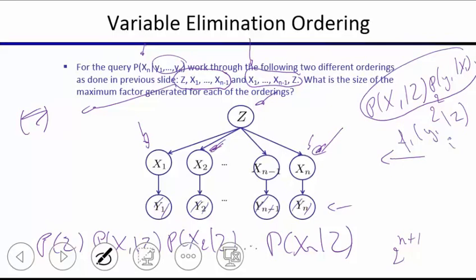So we'll generate the join, which will be a table of size 2 to the 2. We'll sum out over x2, which will result in a factor f2. Factor f2 will just involve y2, which is fixed, given z, which is still a variable, so this will have just two entries. We can keep going all the way through xn minus 1, and every step along the way we'll generate a factor of this type.